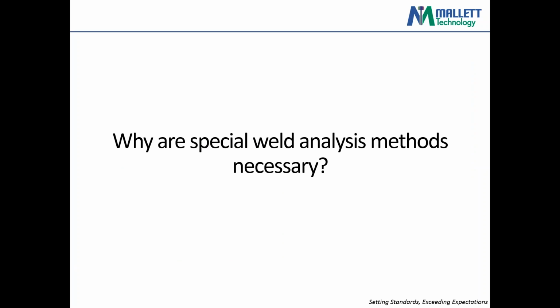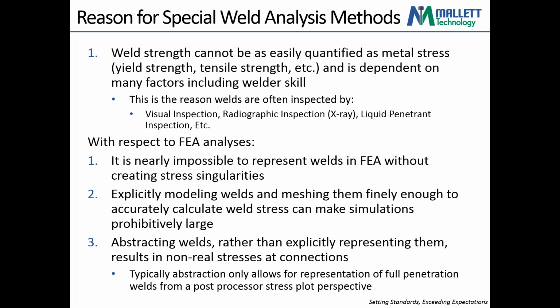Okay, so why are special weld analysis methods necessary? Really the primary reason is that weld strength is not as easily quantifiable as metal strength or metal stress. When we look at metals, whether I'm talking about, let's say, 304L stainless steel or A36 steel, or any number of different steels, generally the strength is repeatable no matter where the steel comes from.